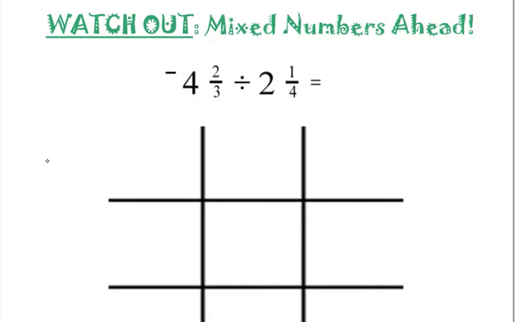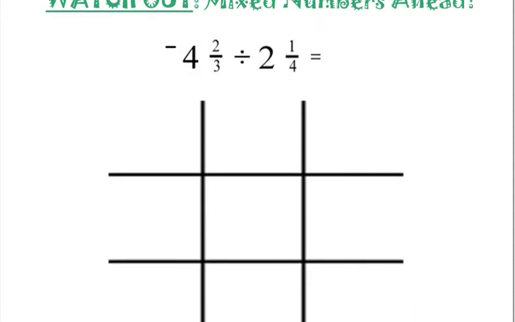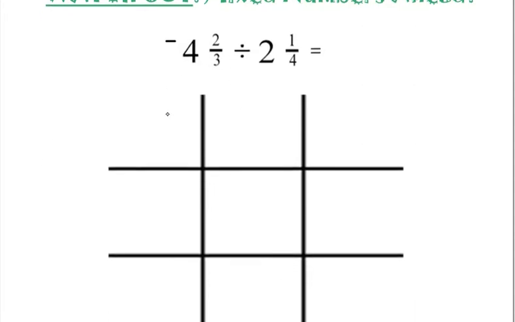Now, we have some mixed numbers here. So what I would recommend is that when we put them into our tic-tac-toe, we change them into improper fractions because that's how we have to multiply. So 3 times 4 is 12, plus 2 is 14. So negative 14 over 3 divided by 4 times 2 is 8, plus 1 is 9, so 9 over 4.